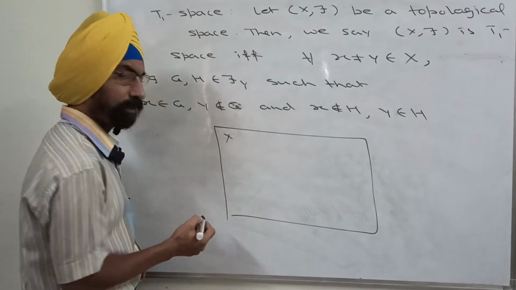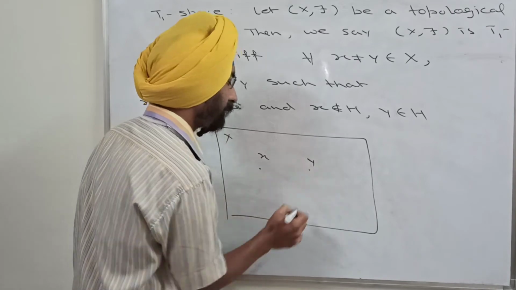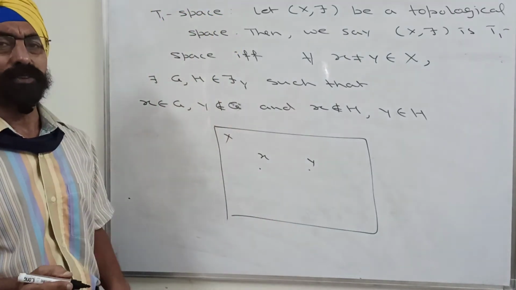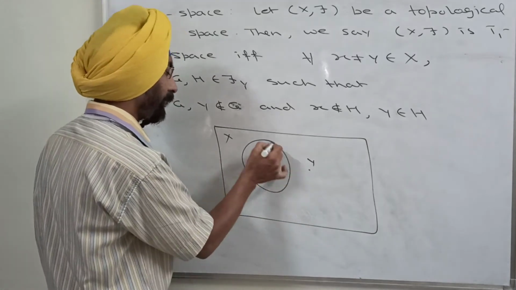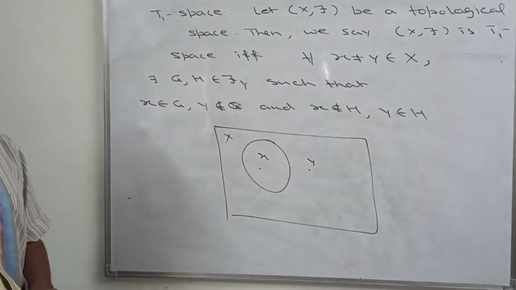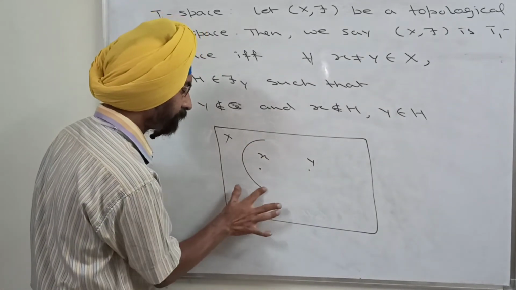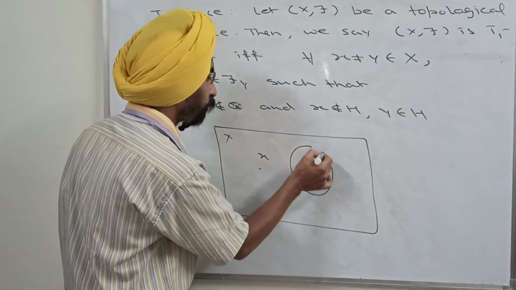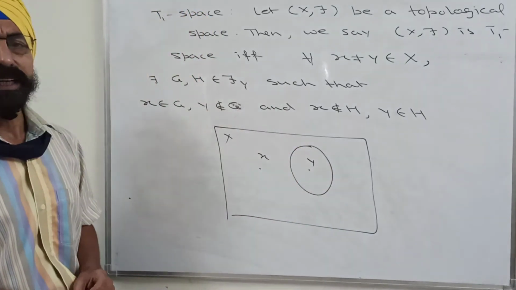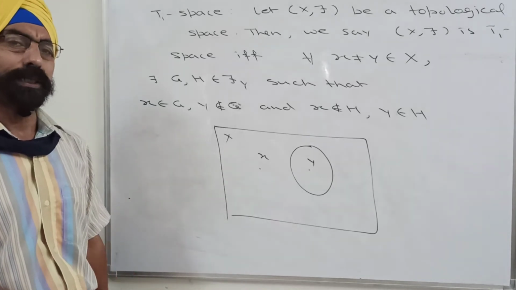The situation is, this is your X, the topology tau, and here you are having two distinct elements X and Y. Earlier for T0 space, what was our requirement? We needed either an open set G containing X and not containing Y, or if this is not there, then we wanted an open set H containing Y and not containing X to make the topological space T0.